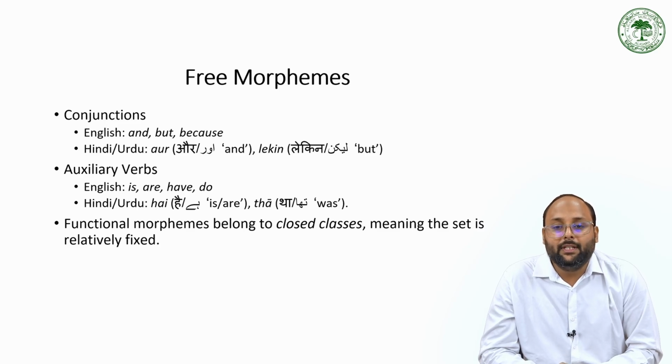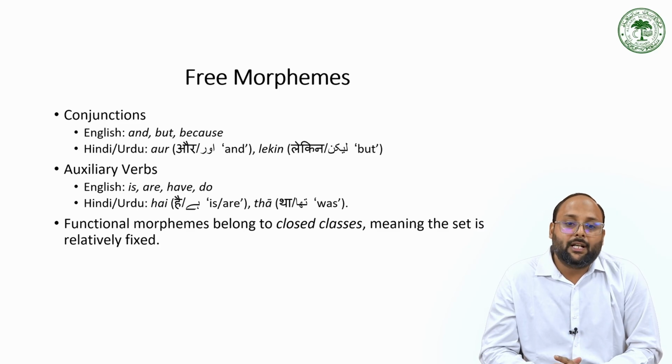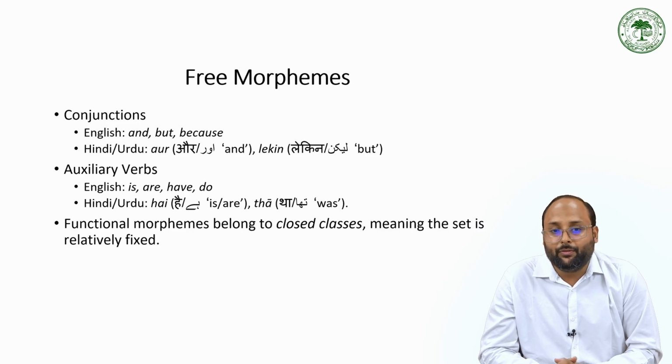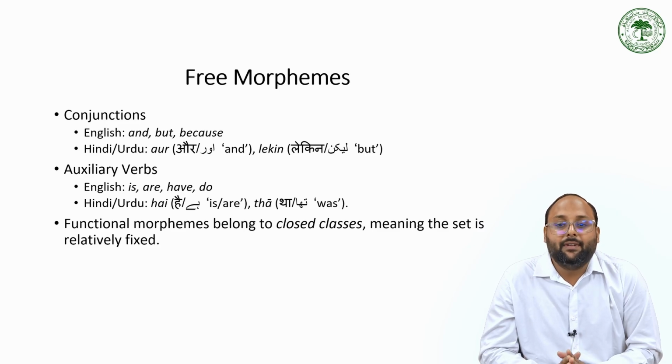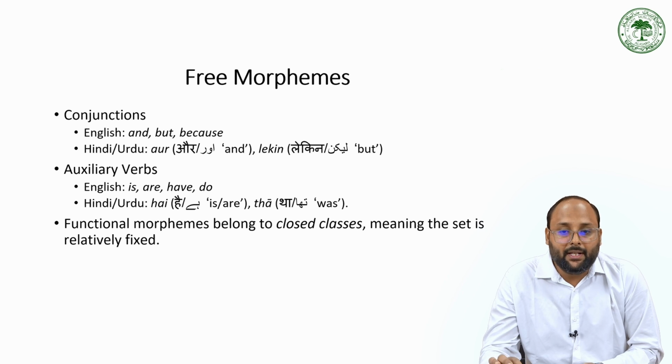All the auxiliaries come under the functional morpheme. Functional morphemes belong to closed classes, meaning the set is relatively fixed. Their meaning is very fixed, so they cannot change their meaning. They do not have different realizations in any language or any sentence.